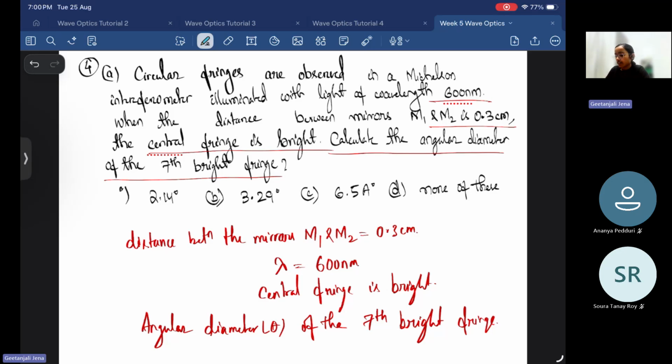So whenever we say the angular diameter, the question says to find out theta. I think you are getting theta 2.14 degree, if I'm not wrong. So this is the same answer. We need to calculate the theta value.